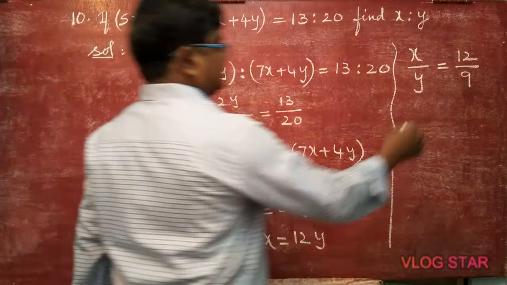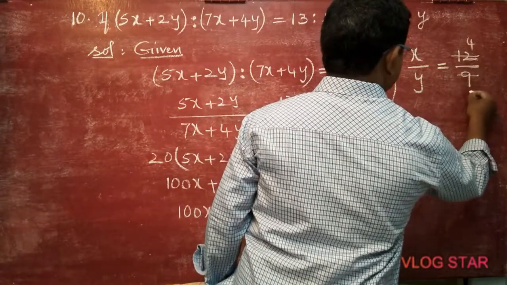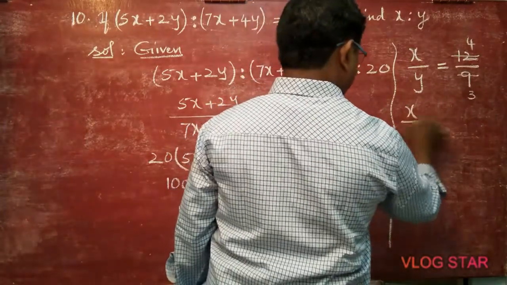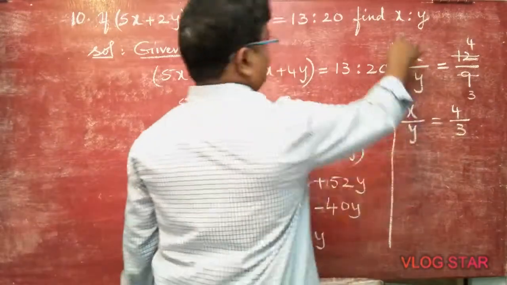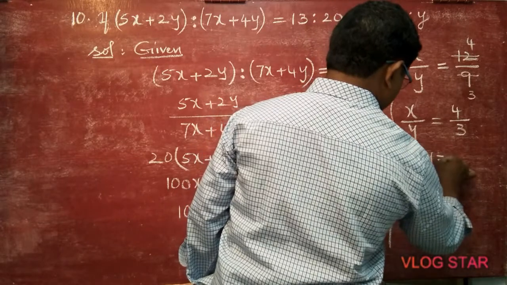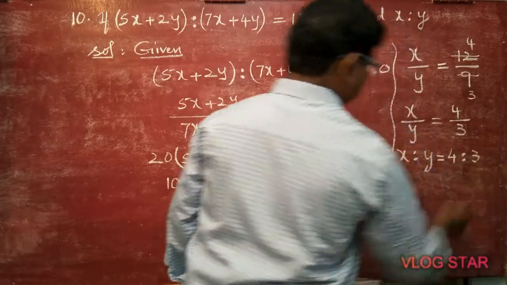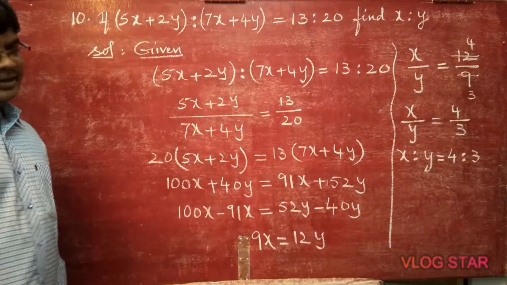Here common table is there. 3 goes 4 times. 3 goes 3 times. 3 4s are 12. 3 3s are 9. So x by y, how much you got? 4 by 3. They told to find x is to y. So x is to y is equal to 4 is to 3. Are you able to follow? This is the way of finding x is to y ratio.